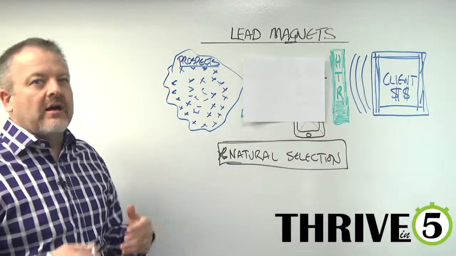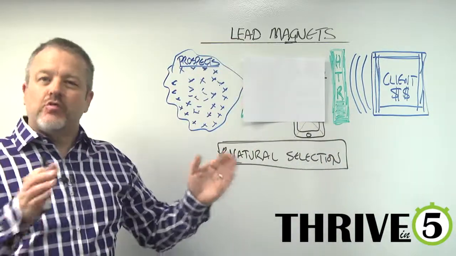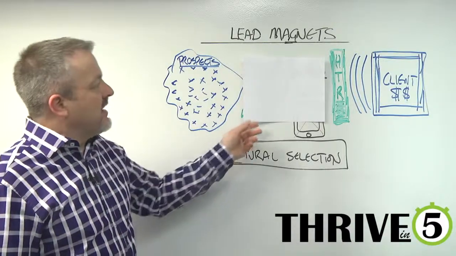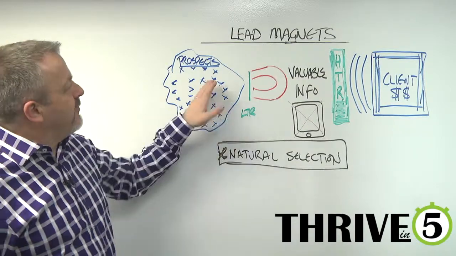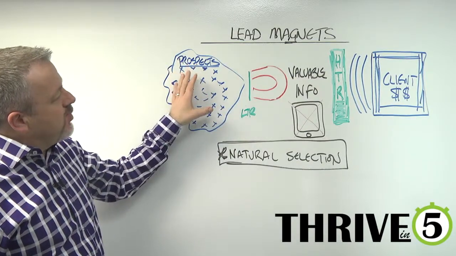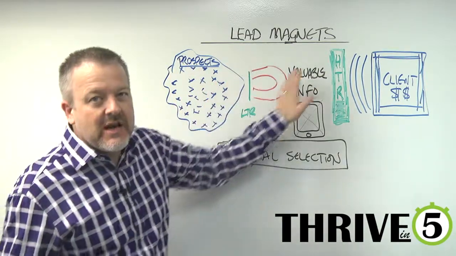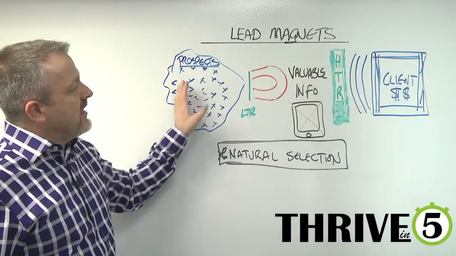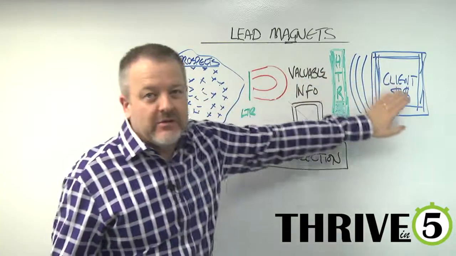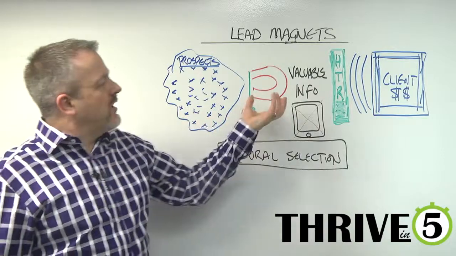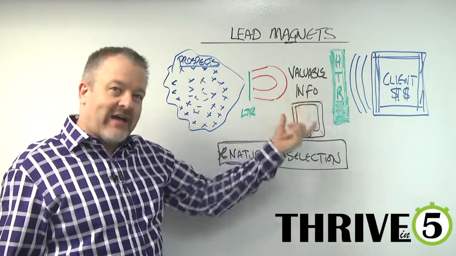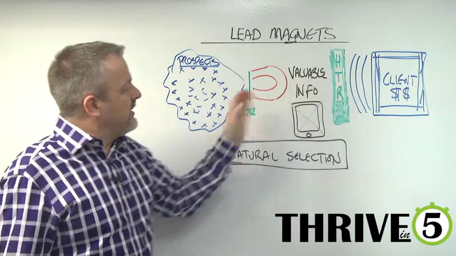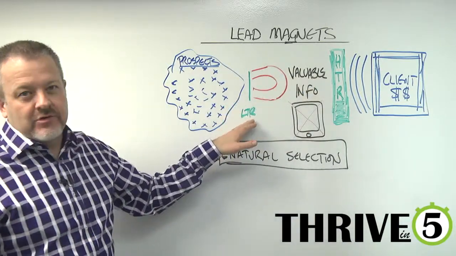So the goal of a lead magnet is to reduce that resistance. And how we do that is through providing valuable information. So a prospect's more likely to go through a two-step process, which means instead of immediately being forced to jump into being a client, you create this lead magnet which attracts them through valuable information. And it's really a low threshold of resistance there.